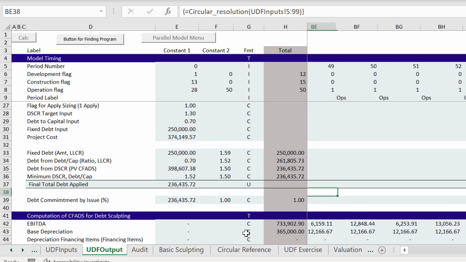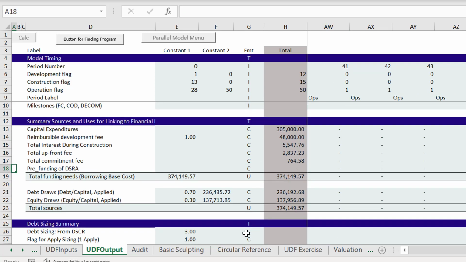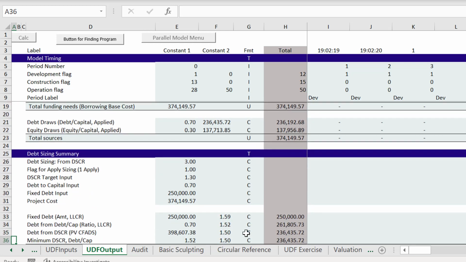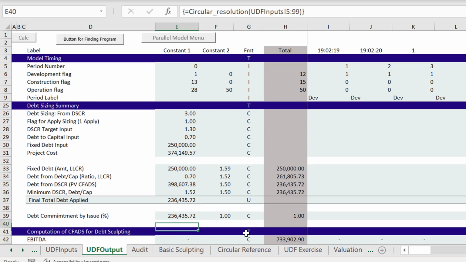So when we add another debt issue up here, we have a little bit of a sources and uses of funds statement, and we'll allow the debt sizing from the DSCR or from the debt to capital, or from a minimum of both, and that's important in a lot of the renewable energy and frankly other things where we might have the DSCR driving the amount of the debt, or might have the debt to capital, and you might have a P90, and things get really kind of complicated.